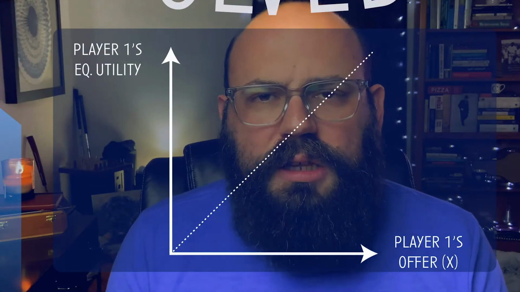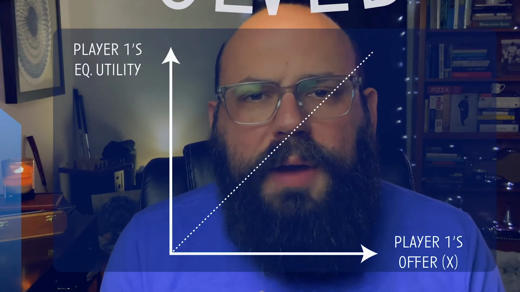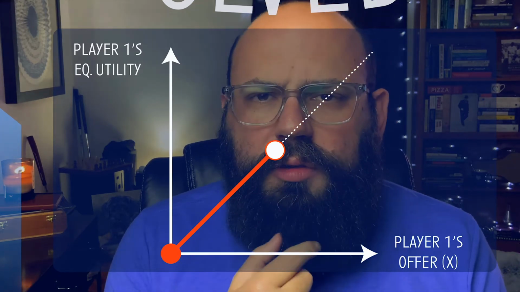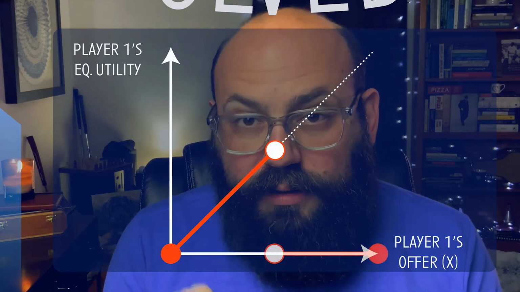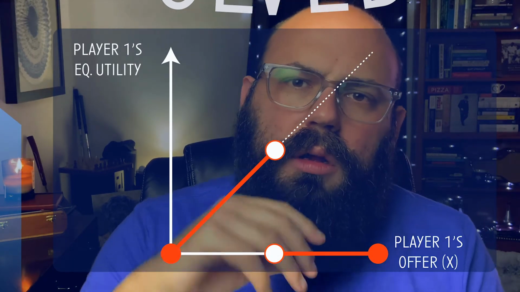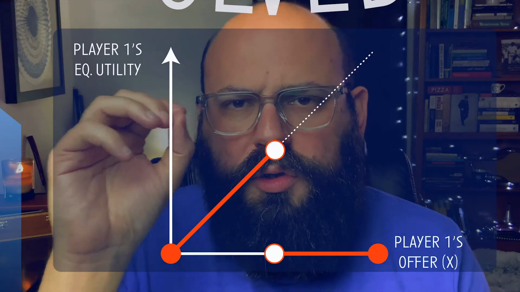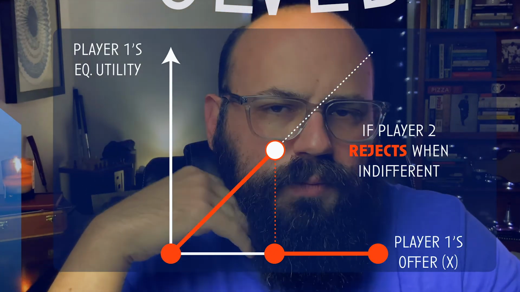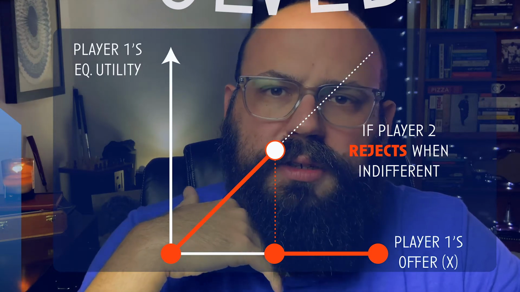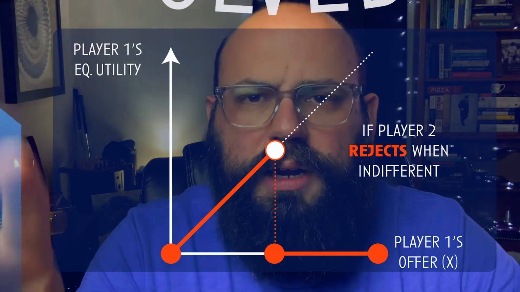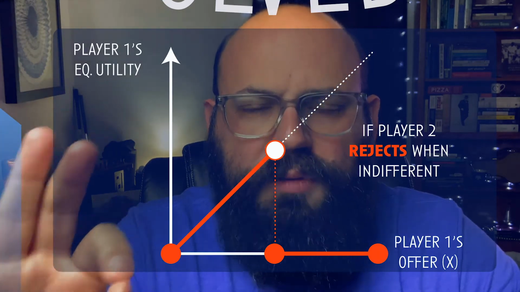If x is less than 1/2, then they get to keep x. And if x is strictly greater than 1/2, then they get 0 because it gets rejected. And just the same way as before, if player 2 is rejecting when indifferent, now player 1 would have to find the largest x strictly less than 1/2. No such number exists. So throughout, player 2 needs to be accepting when indifferent.